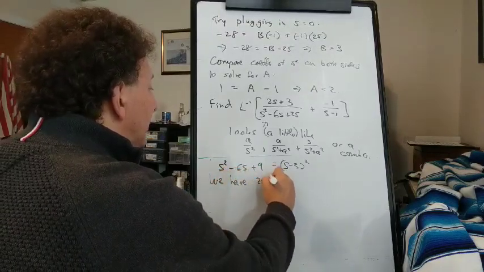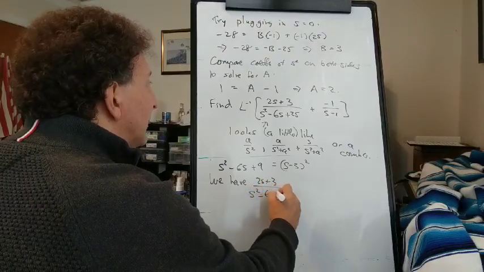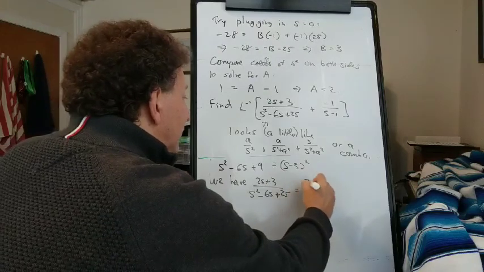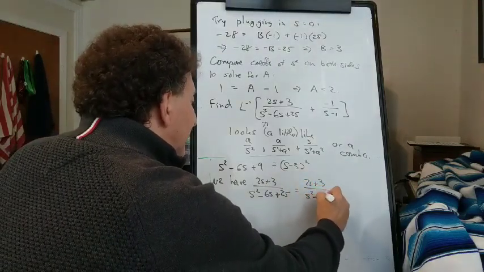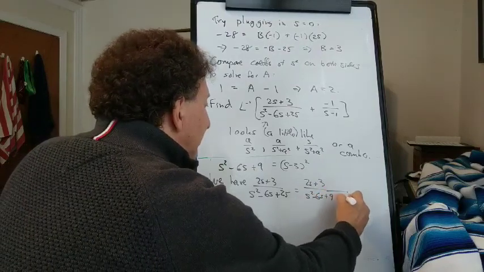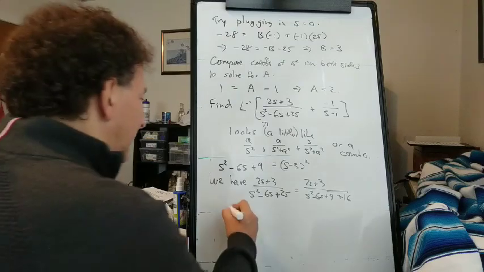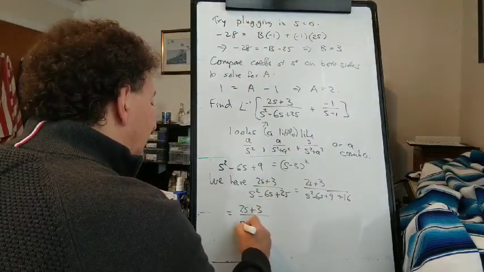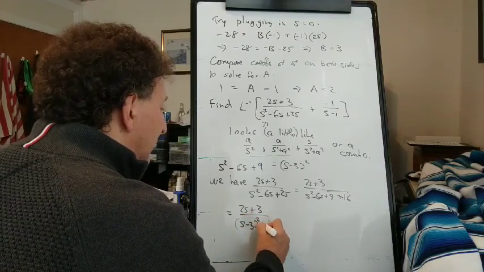So 2s plus 3 over s squared minus 6s plus 25 equals 2s plus 3 over s squared minus 6s plus 9 plus 16. We're just writing 25 as 9 plus 16. And then that is 2s plus 3 over s minus 3 squared plus 16.